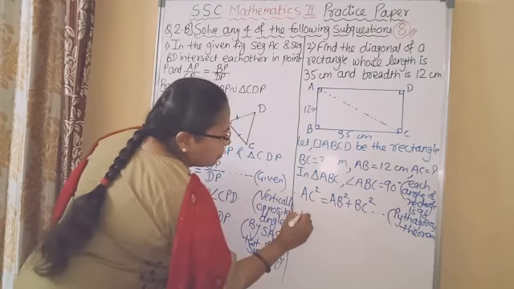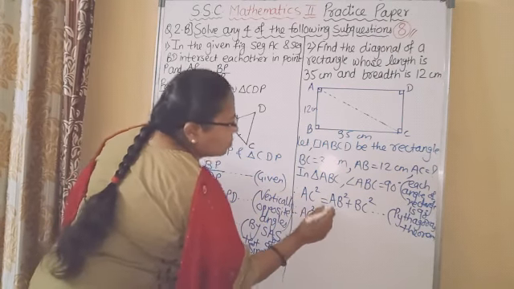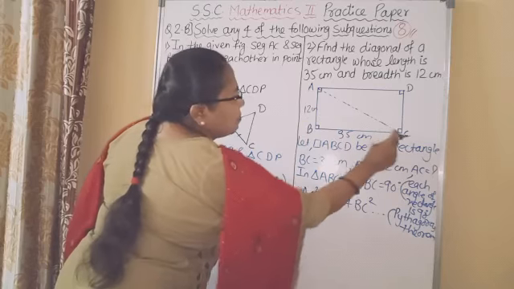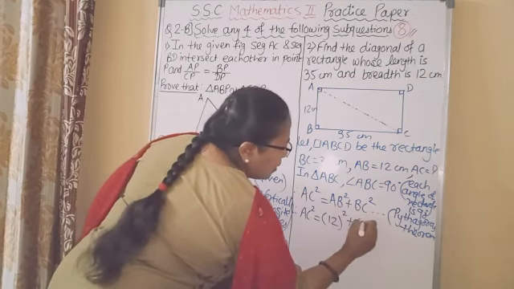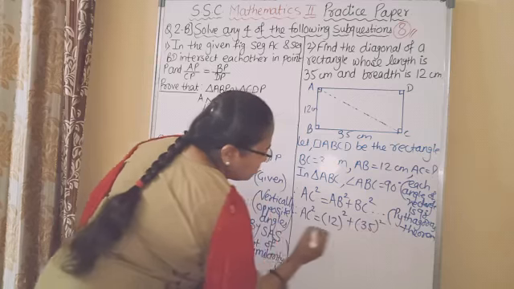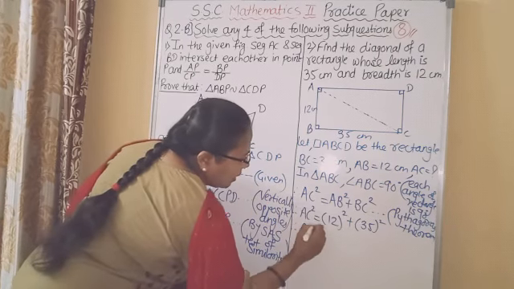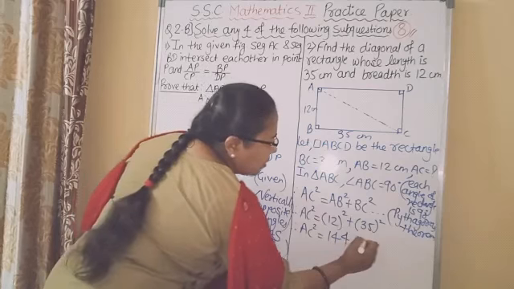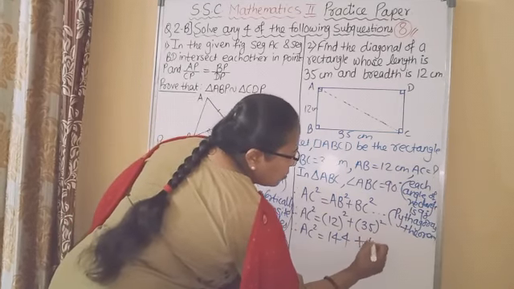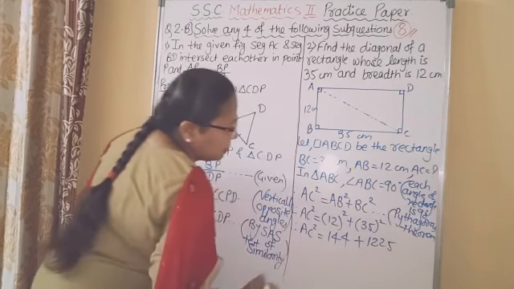Now substitute values. AC square is equal to, AB is 12, BC is 35. 12 square plus 35 square. Therefore, AC square is equal to 12 square is 144 and 35 square is 1225.